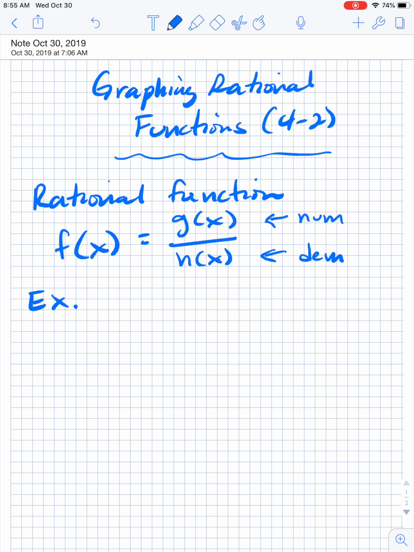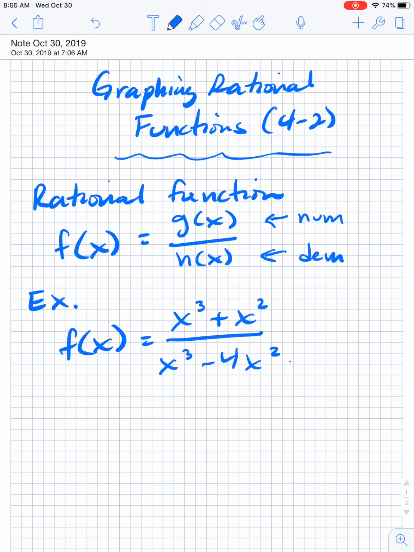where they show us that we have the function of x cubed plus x squared over x cubed minus 4x squared plus 4x. So as you can see, we have a function in the numerator and we have a different function in the denominator.